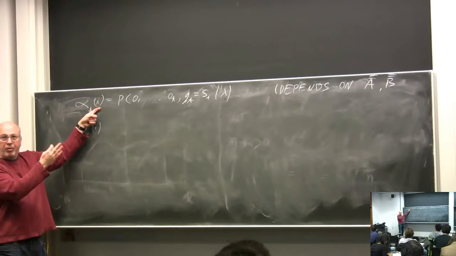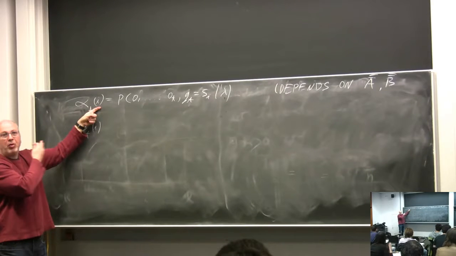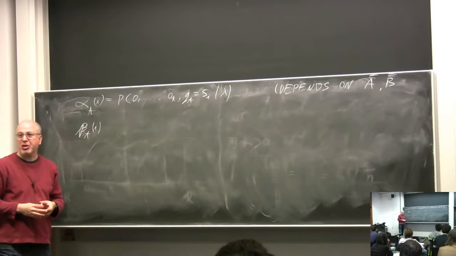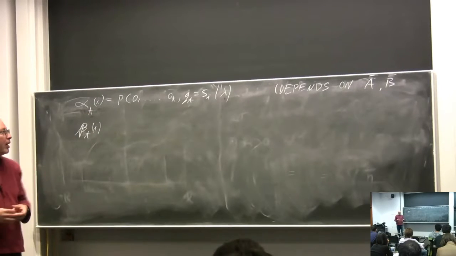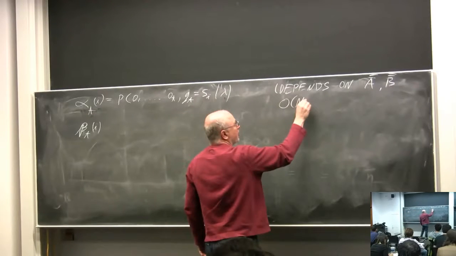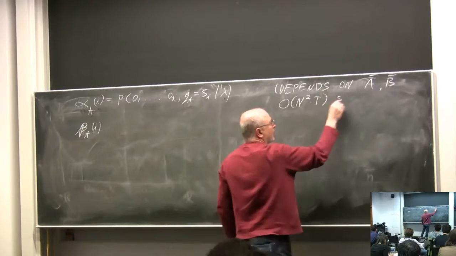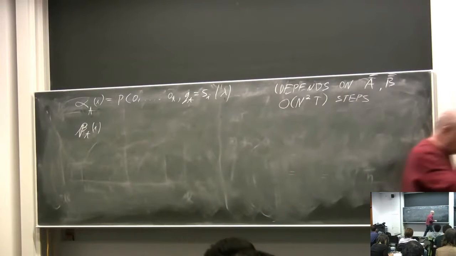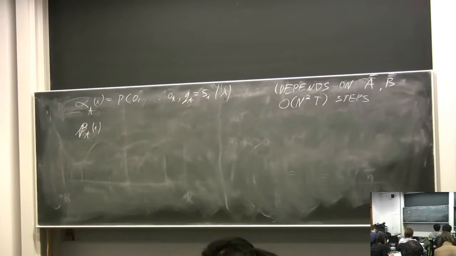A two-dimensional table, and we scan through it starting on the left and t equals 0 and building column after column in a recursive fashion. This is what allows us to do it in the polynomial amount of time. Polynomial amount of calculation was n squared times T steps.